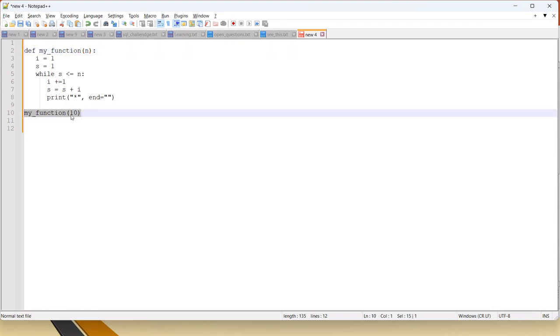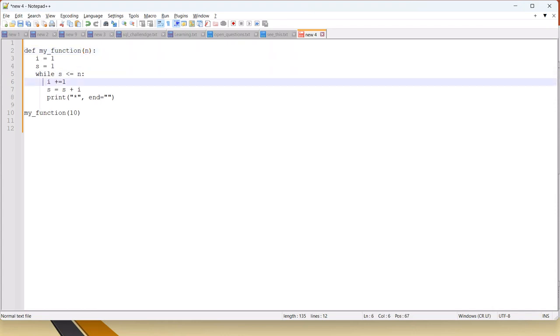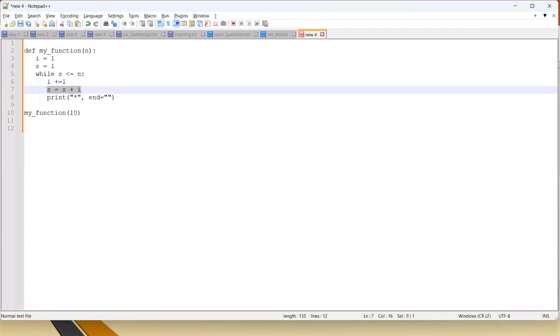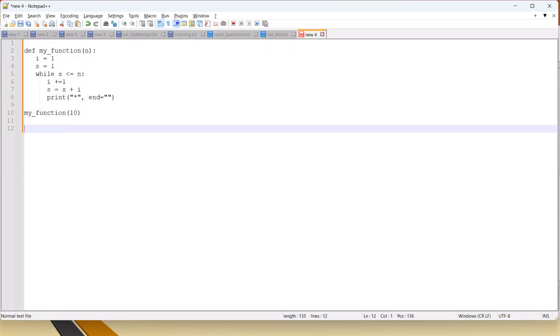This is how we will call the function, and we are passing 10 as input, which is nothing but n. Now the while condition is s is less than or equal to n, and then we are incrementing I by 1, then incrementing s by I, then printing the stars. So in this sample function we will see how to calculate the time complexity.